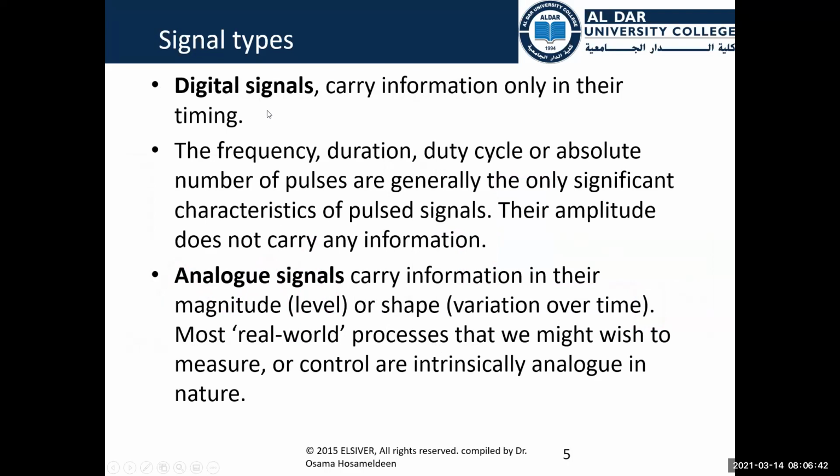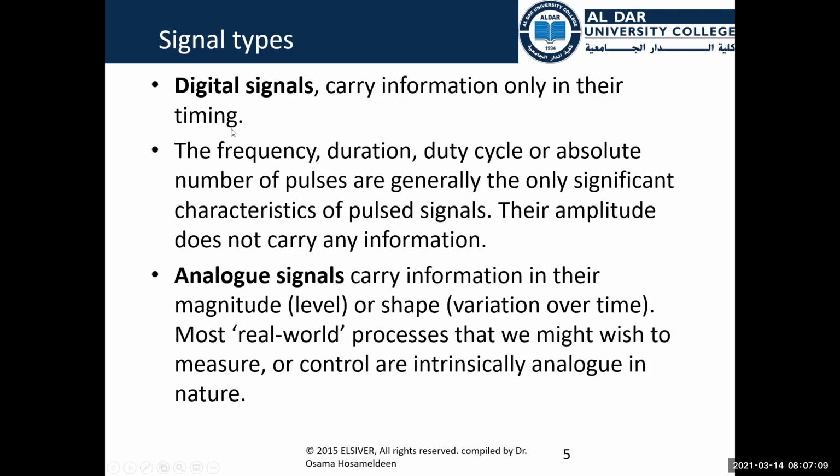But how do the digital signals carry information? As you know, it's all about information. How is the information transferred using the digital signals? The digital signals have some parameters, and these parameters are used to carry information.